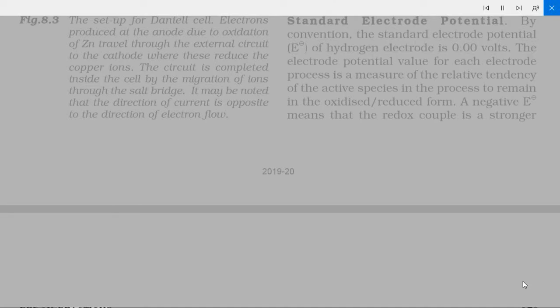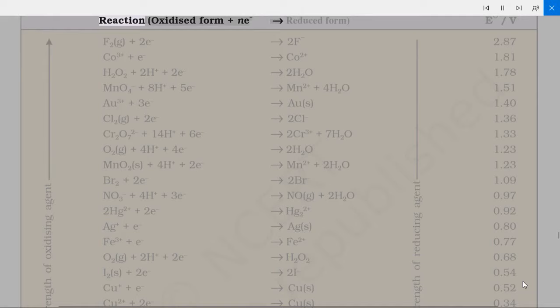Table 8.1: Redox reactions, oxidized form plus reduced form, E° in volts. F2 + 2e- gives 2F-, 2.87. Co3+ + e- gives Co2+, 1.81. H2O2 + 2H+ + 2e- gives 2H2O, 1.78. MnO4- + 8H+ + 5e- gives Mn2+ + 4H2O, 1.51. Au3+ + 3e- gives Au(s), 1.40. Cl2(g) + 2e- gives 2Cl-, 1.36. Cr2O7 2- + 14H+ + 6e- gives 2Cr3+ + 7H2O, 1.33.